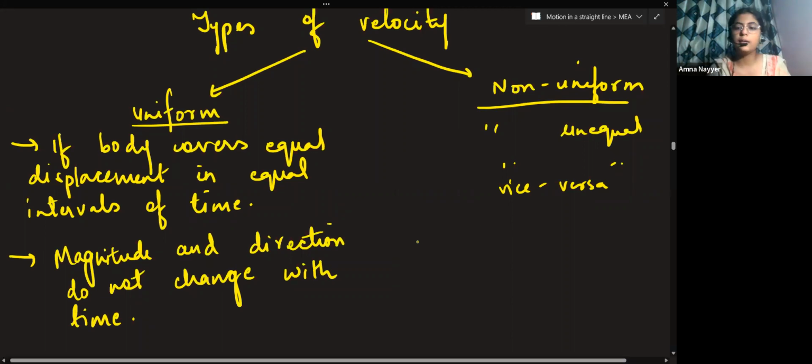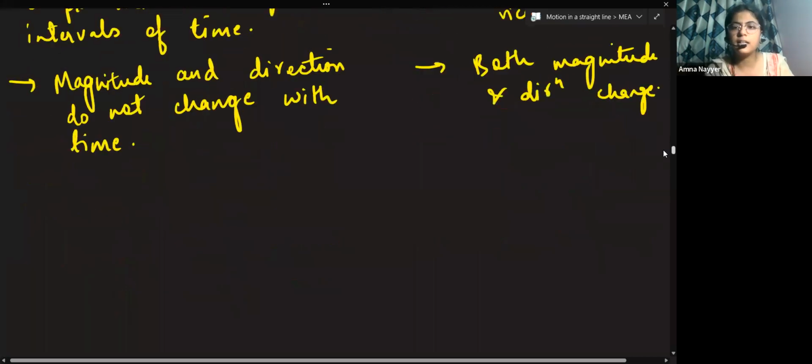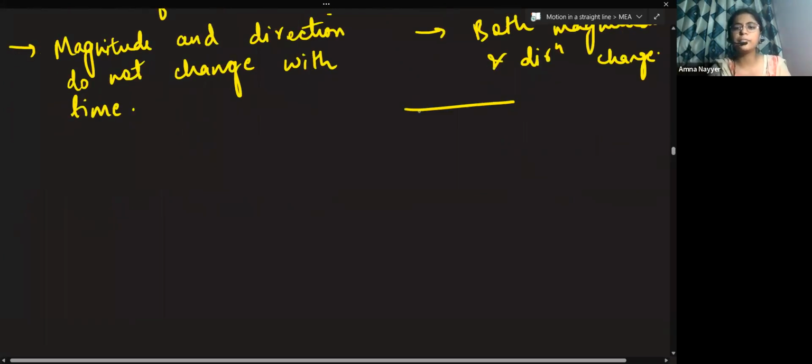Secondly, both magnitude and direction change. What is basically meant by direction changes? Let's say initially a car was moving with a speed of 5 meters per second.